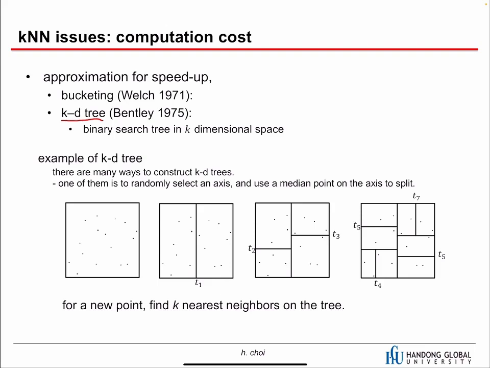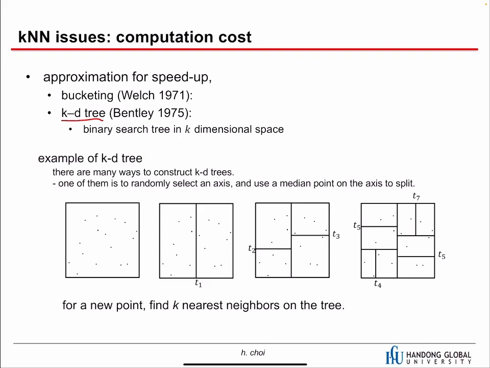We have an example of a KD tree. There are many ways to construct KD trees, but one of them is to randomly select an axis and use the median point on the axis to split. So we have lots of samples. Let's assume these samples are too many.